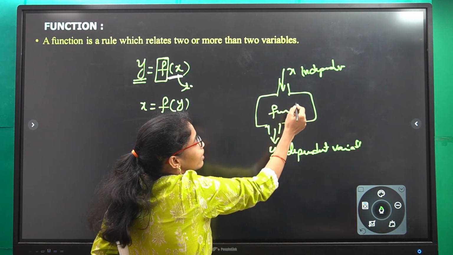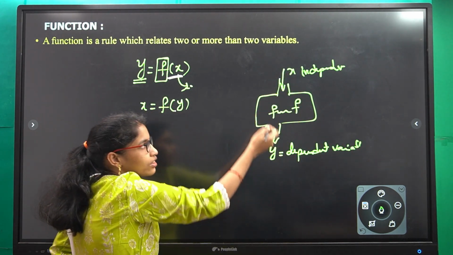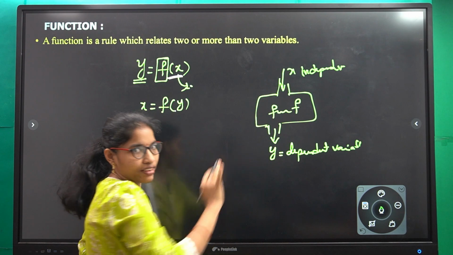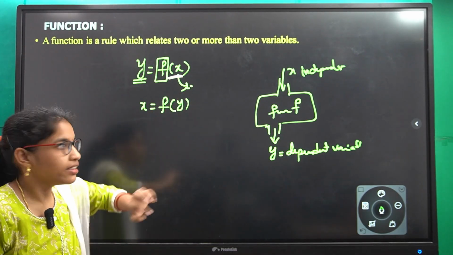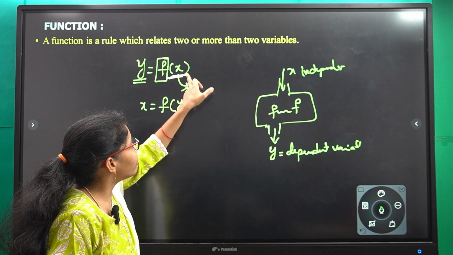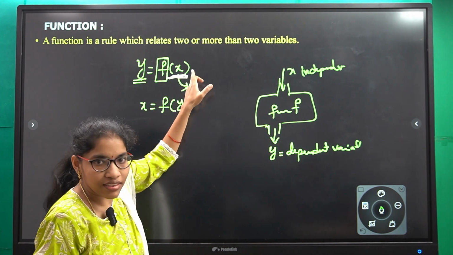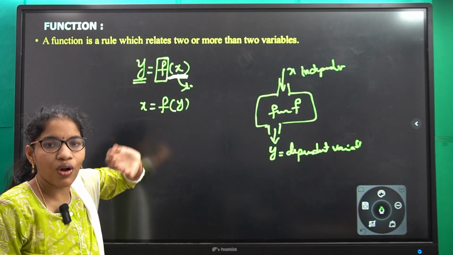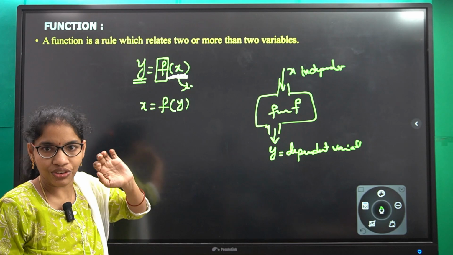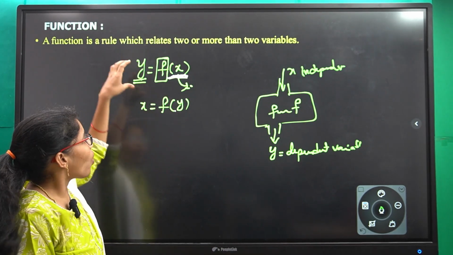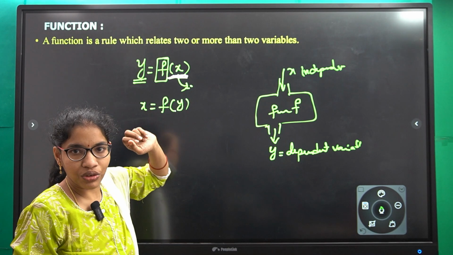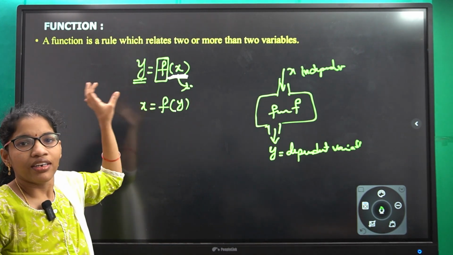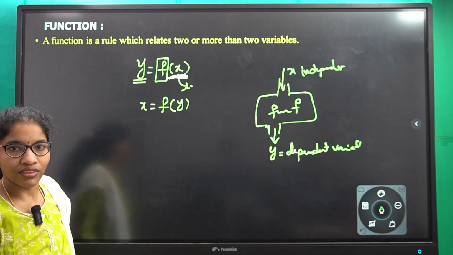So this function f is the relation between these x and y, right? Here I have taken y equals f of x. Whatever values you take for this x, that is called the domain of this function. And the outputs we are getting for the corresponding inputs are called the range of the function, right?